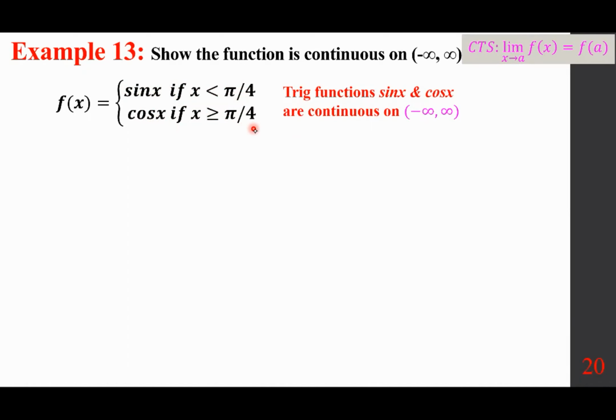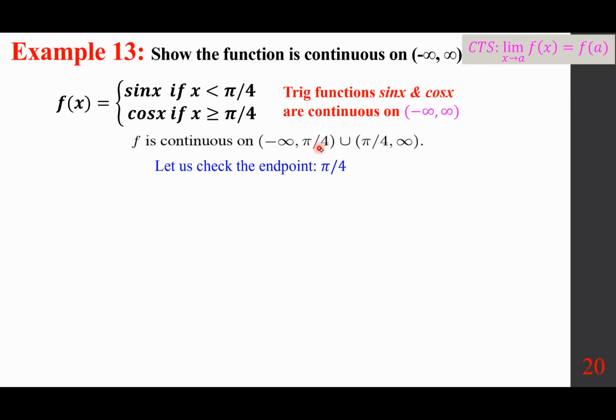So we know by this, f is continuous from negative infinity to pi over 4 union pi over 4 to infinity. The only thing we need to check is the end point, namely pi over 4.